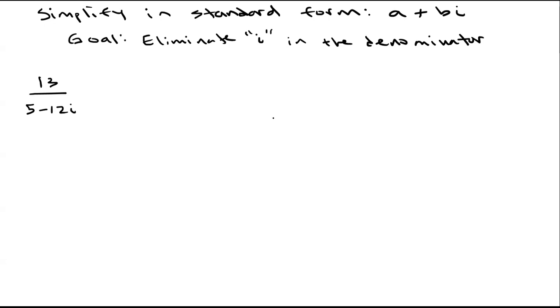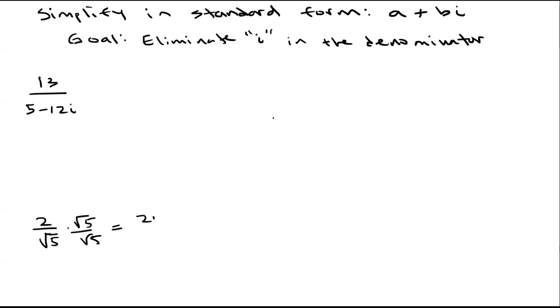Okay, so when we solve these types of problems, remember, back in, say, intermediate algebra, we learned how to rationalize an expression. So, for example, if we have 2 over radical 5, if we want to get rid of the radical 5, we would multiply top and bottom by radical 5.